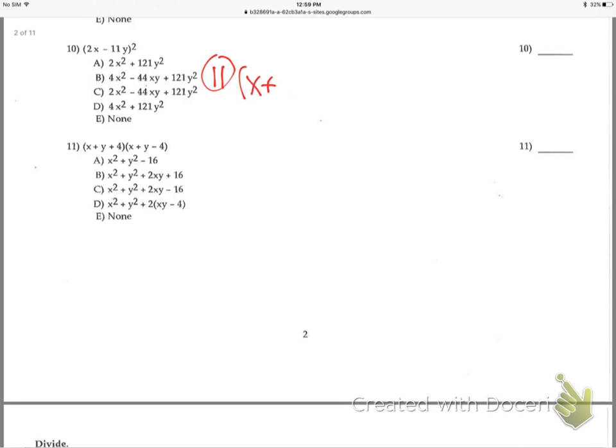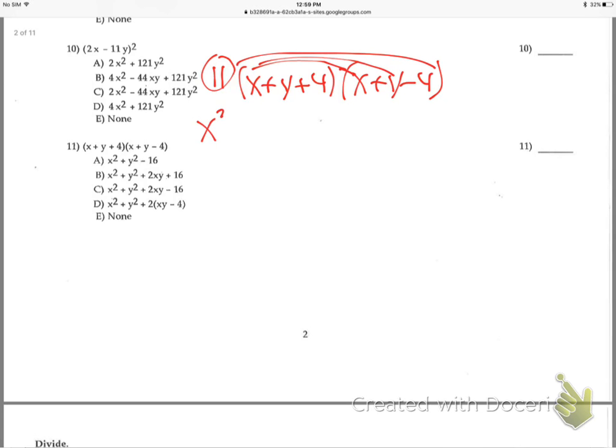So x plus y plus 4 times x plus y minus 4. So there's going to be 9 multiplications, aren't there? 3 terms times 3 terms. You with me? So first, the x goes to all 3 in the other parenthesis. So we get x squared plus xy minus 4x. And then the y will go to all 3.